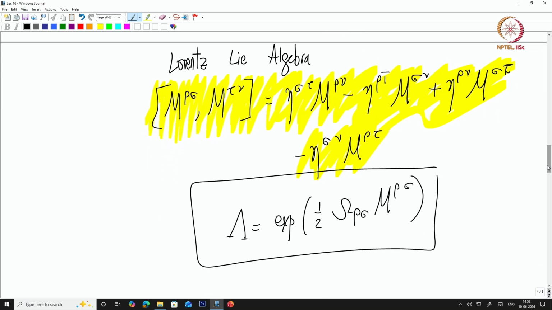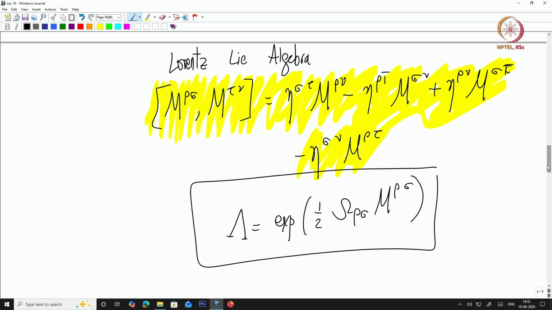Now the next step is, are there any similar algebras, or any generators which exactly mimic the Lorentz-Lie algebra but belong to a different vector space essentially? Those vector spaces will form representations of the Lorentz group. That is the basic idea.